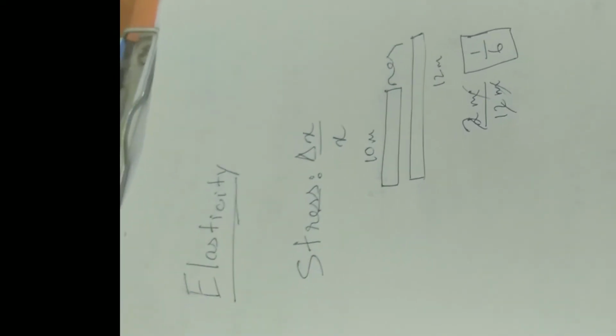So what does this apply to relationships? Now we know about stress, we know about strain. Stress is the restoring force per unit area when we apply a force to an object, and strain is the ratio of the change in length to that of its original length.